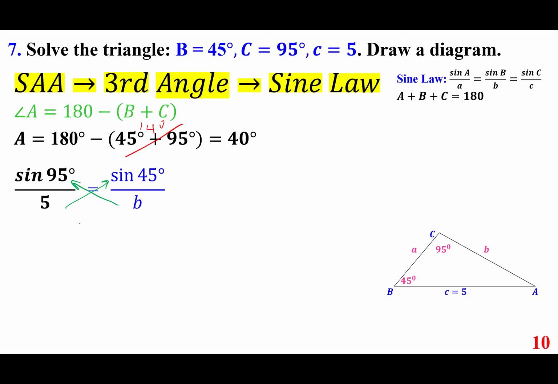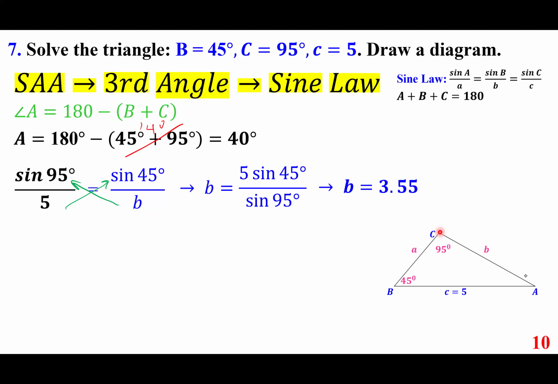Cross product, everybody. So b is 5 sine 45 divided by sine of 95. Put that into a calculator, it gives you the result. B becomes 3.55.